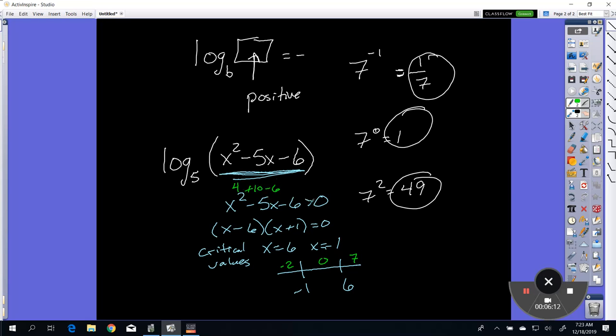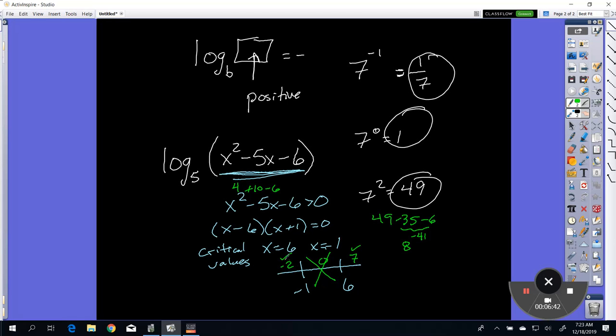So that number is bigger than 0. So this area worked. I plug 0 in. 0 minus 6 is not greater than 0. So this region didn't work. I plug 6 in. Plug 7 in. 49 minus 35 minus 6. That combines to be 8, which is bigger than 0.